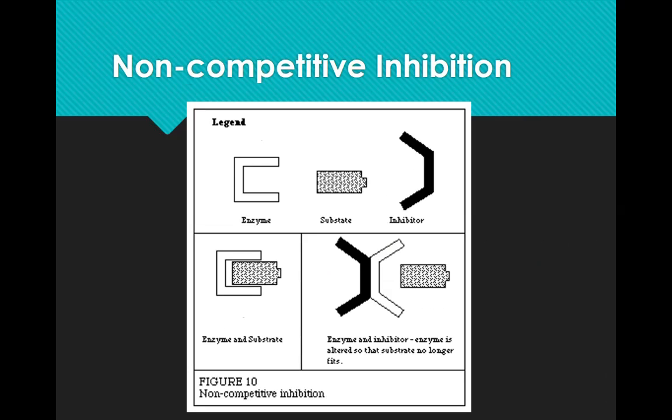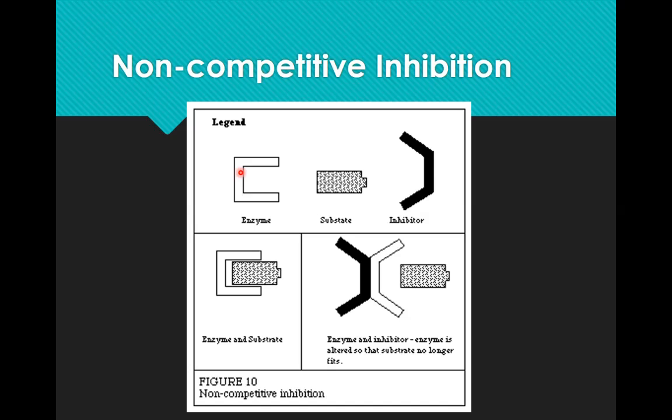The next one is what's called non-competitive inhibition. In this particular case, the inhibitor is something unrelated to the substrate, but will bind to the enzyme, often in a place that's not next to the active site. And when it does, it changes the shape of the protein enough so that the active site changes shape, and the substrate will no longer bind to the enzyme, preventing the chemical reaction from taking place.